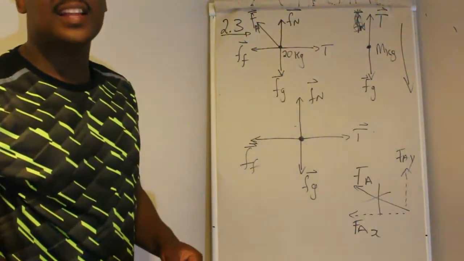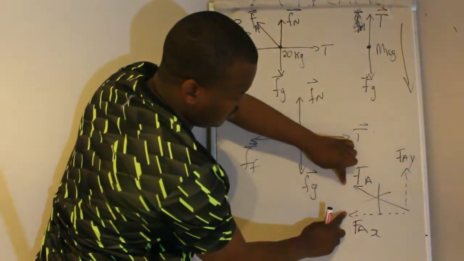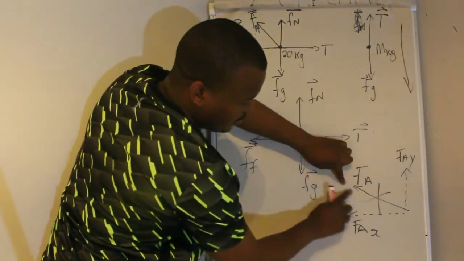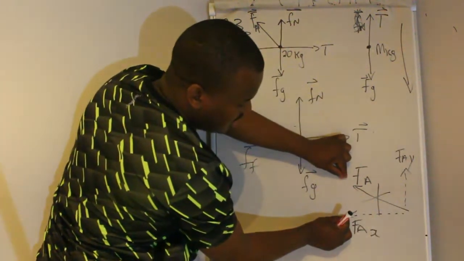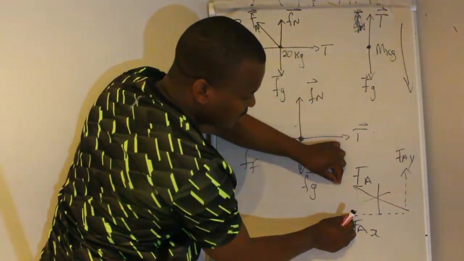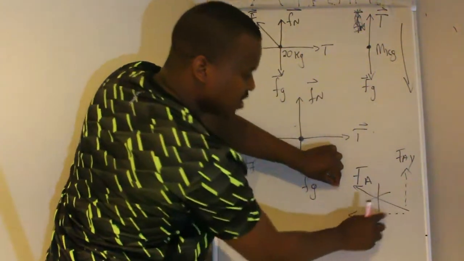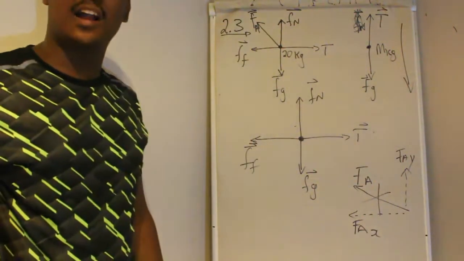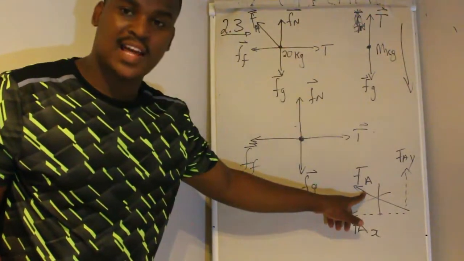When you add vectors, you add them head to tail. If you take this vector and move it here, the tail of this to the head of this, you will see that it makes a complete triangle, which is a right angle triangle. So these two both represent that.